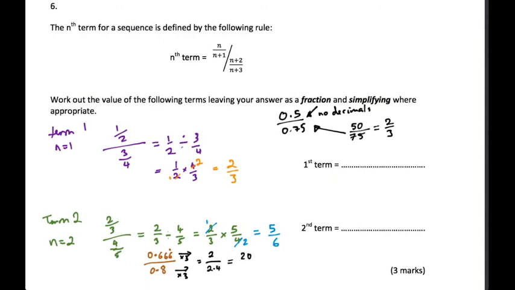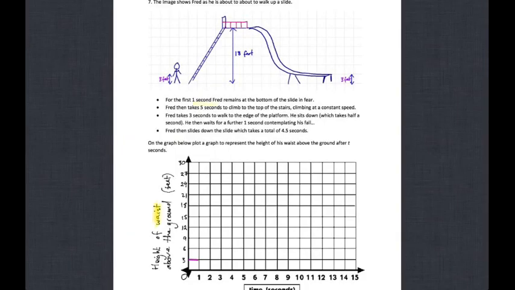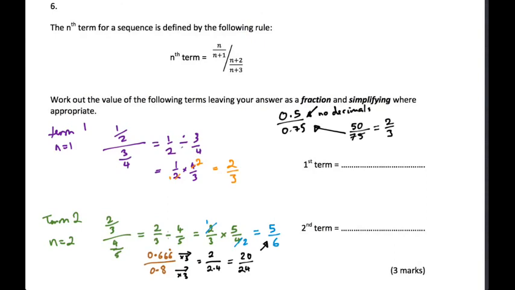Then you might have written this as 20 over 24, for example, and then simplify to give you 5/6. Let's just go back to that. So this would be how you could do this question. I think that dividing by fractions and then multiplying by the reciprocal is probably the best option.